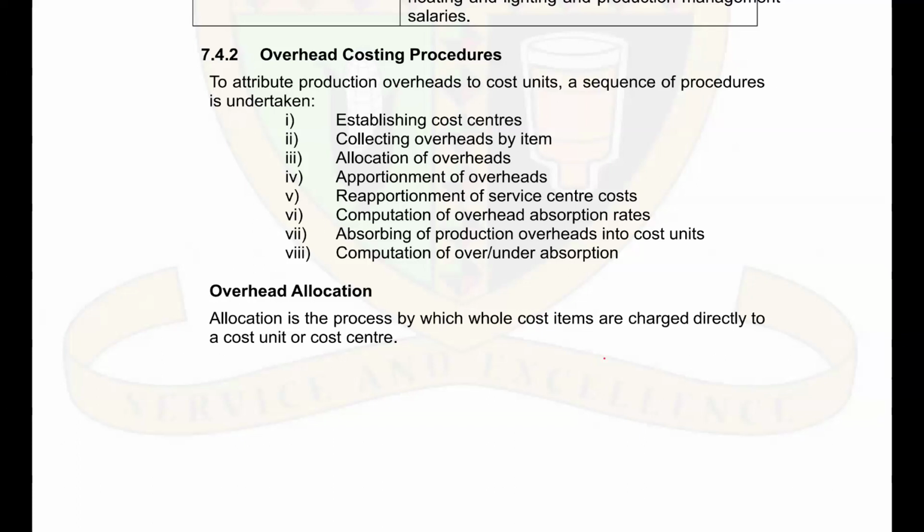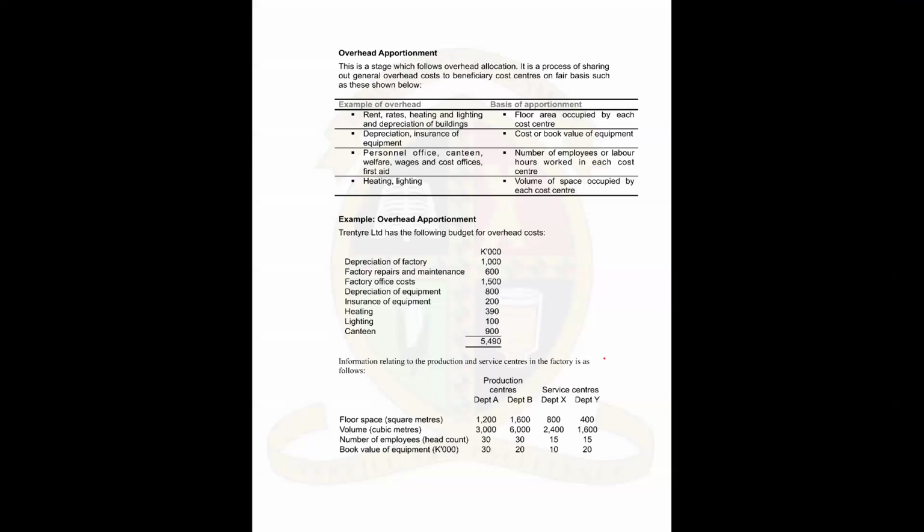That's cost allocation. You get the whole cost and allocate it. You directly charge the cost to the unit or to the center. I'll give you a proper example so that you may get this properly.